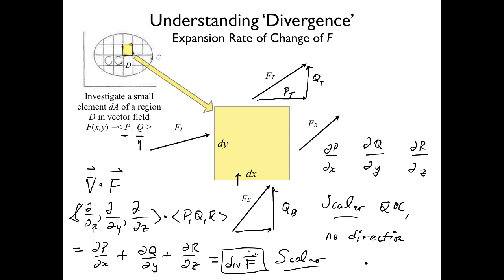These are for the vector field itself. Curl is how the vectors tend to turn a small element, and the divergence is how the vectors tend to either pull outward on it or push inward on it. So two different rates of change in a vector field. Yes, please.